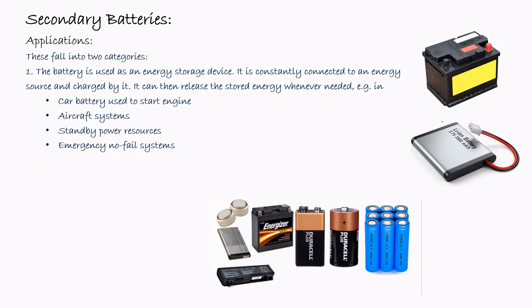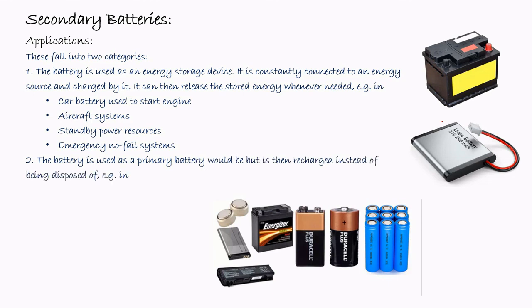Remember one thing, in the case of a photovoltaic cell or solar cell also, this type of battery, that means a secondary battery, normally a lead acid battery, is used to store the electricity or the energy. The second type of application is where the battery is used as a primary battery would be but is then recharged instead of being disposed.